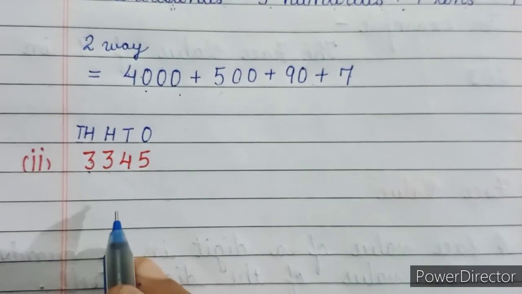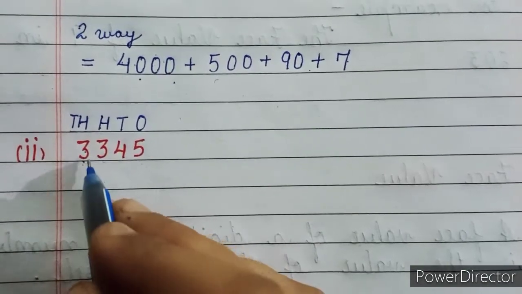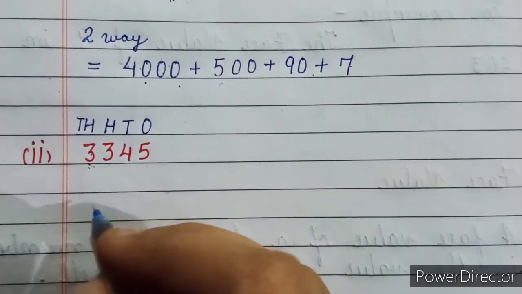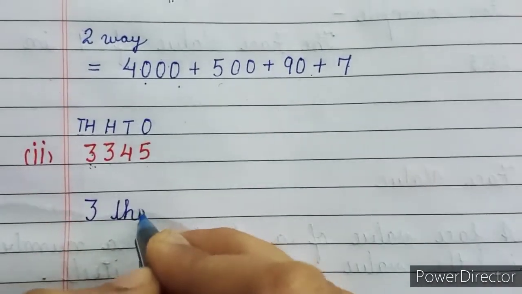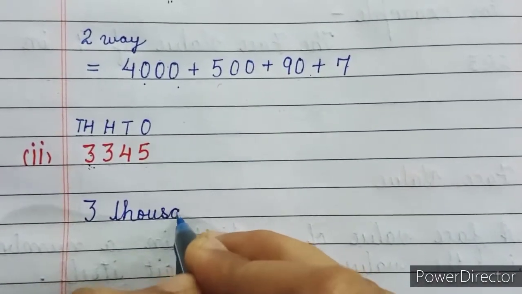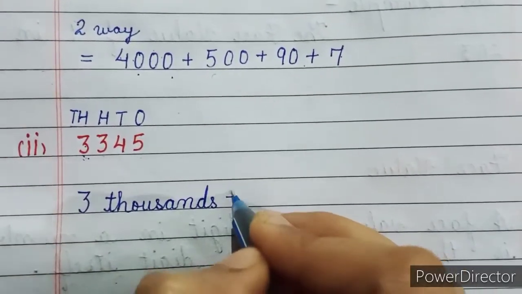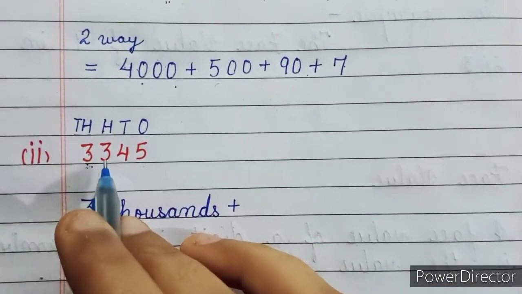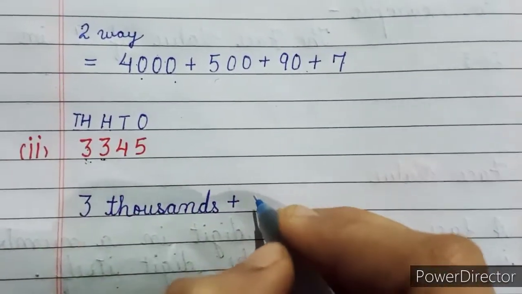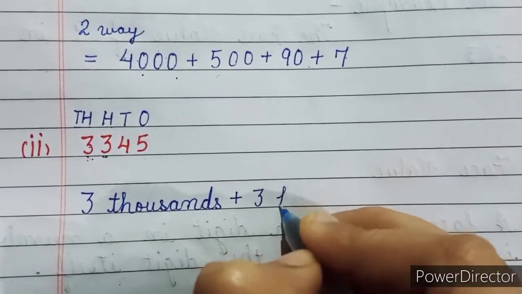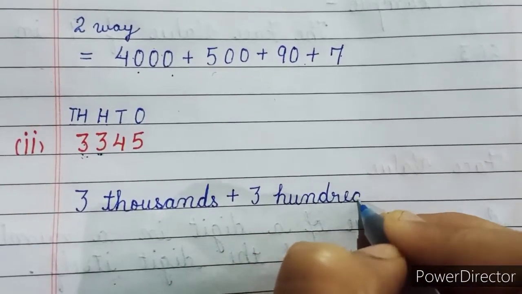Now how do we do it? Do it in the same way. So we have 3 thousands. Plus what do we have next? 3 is hundreds place, so we write 3 hundreds.